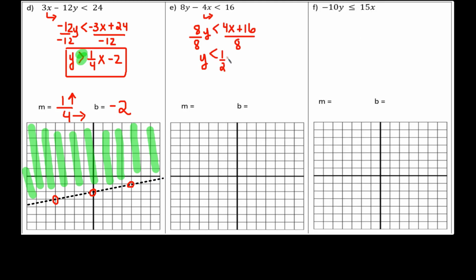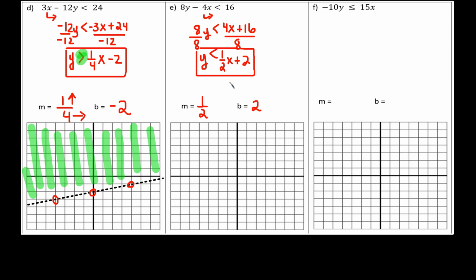So this would be 1 over 2x, and 16 divided by 8 is positive 2. There we go. So this would be 1 over 2, and our b is positive 2.